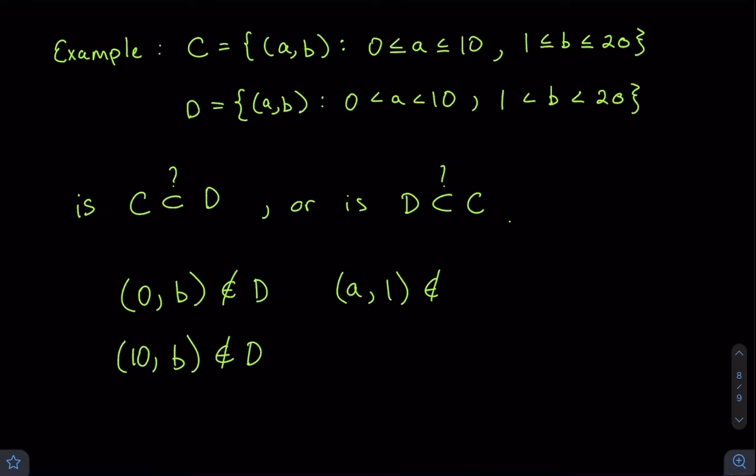So this point is also not in D. And finally, the point A comma 20 is not an element of D as well.